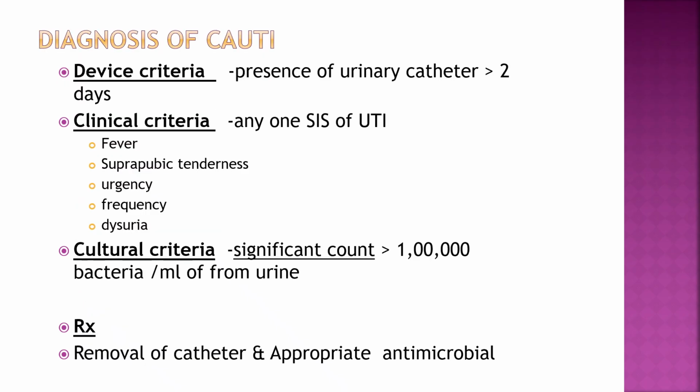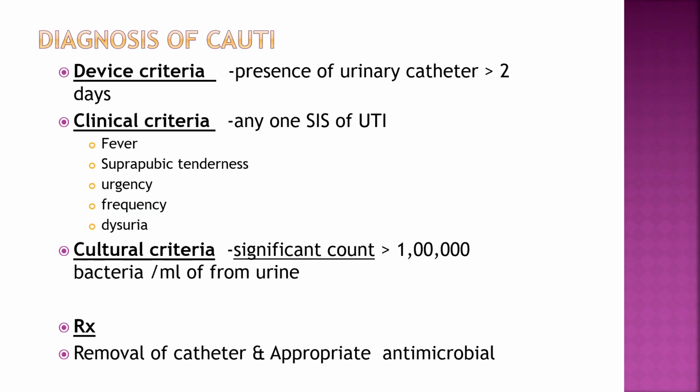Now we will see diagnosis of CAUTI, that is catheter associated UTI. First is the device criteria: presence of a urinary catheter in a hospital environment for more than 2 days. Then clinical criteria: any one sign and symptom of UTI, that is fever, suprapubic tenderness, urgency, so the patient feels urgent to go and cannot control urination.